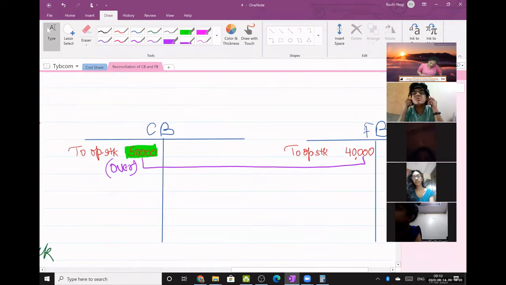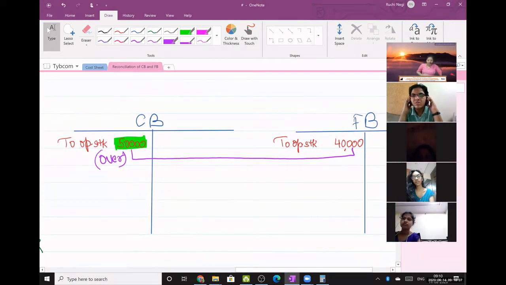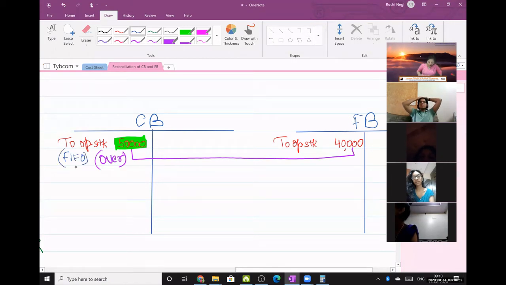Now I will say one more thing over here. Overvaluation. Okay, so just remember one thing: if it is overvalued in one book, it indicates it is undervalued in the other book. And why does this happen? Obviously, it happens maybe because your stock register you have recorded with FIFO, but your opening stock in the trading account is recorded by weighted average method.